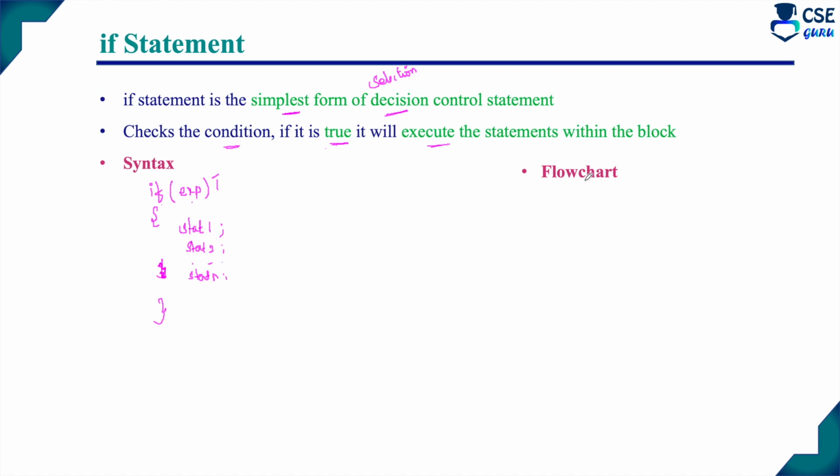In the flowchart, whenever you are checking a condition, you have to provide a diagonal, a decision diamond. Condition evaluation is always shown with a diamond. Here it checks the expression.